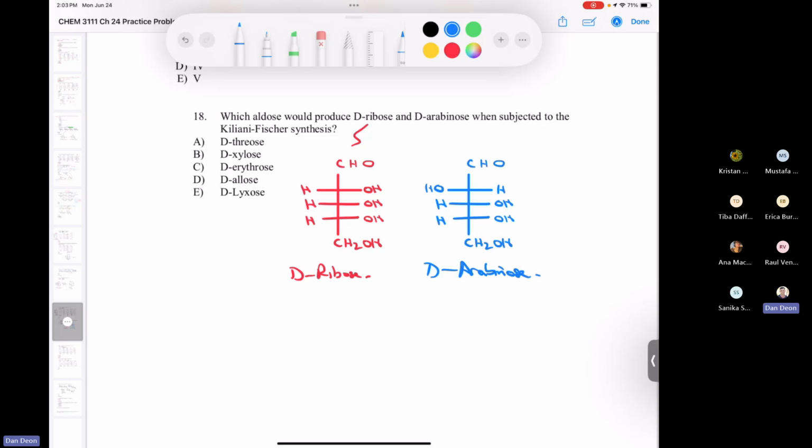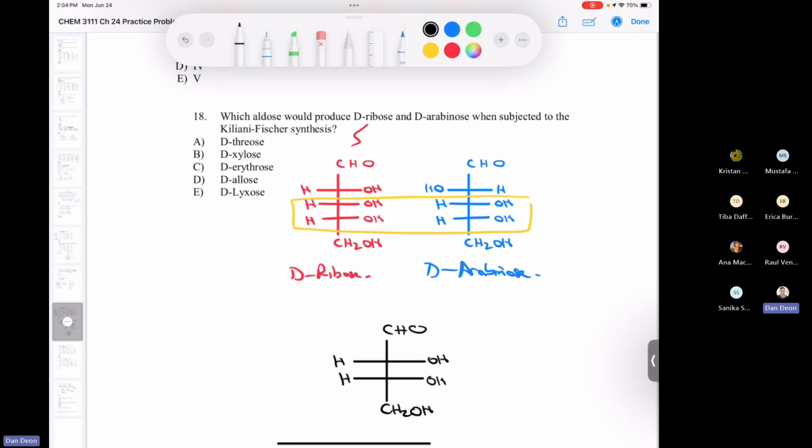All right. So when we subject an aldose to the Kiliani-Fischer, what is the aldose going to be? Well, it's going to have these two chiral centers in common. This one here. So if I draw that aldotetrose, it's going to look like this. So it's an aldose, and it's a tetrose, which has both the hydroxyls on the right-hand side.